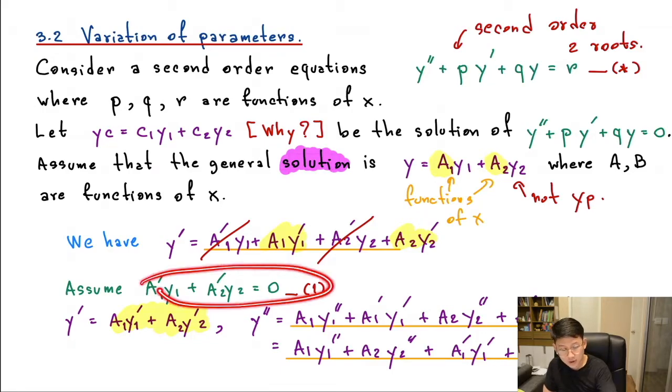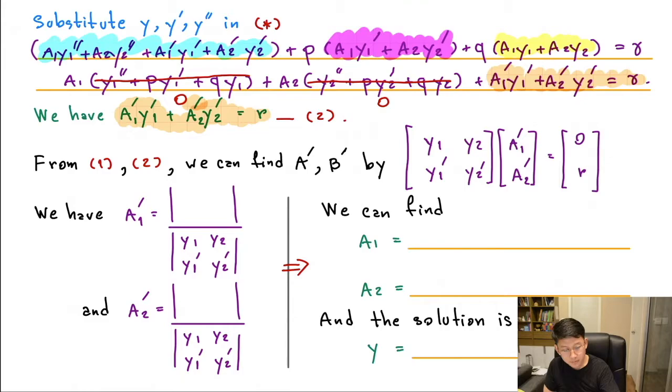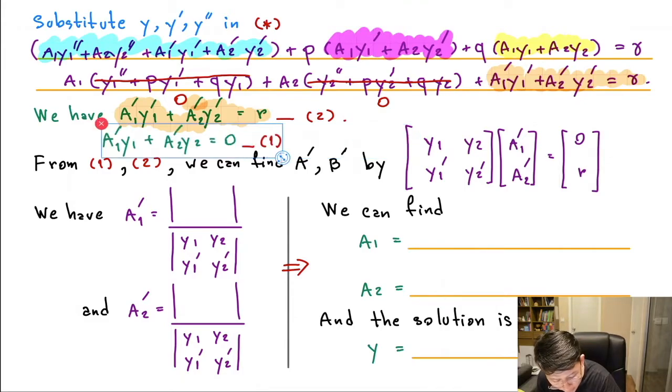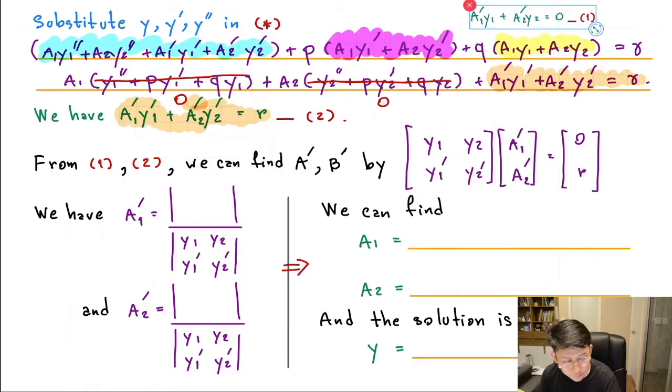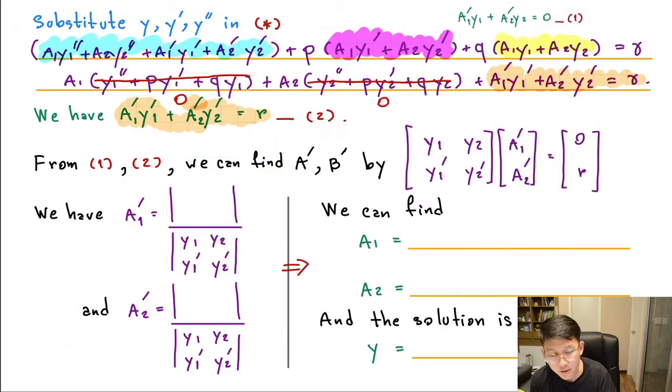I'm just going to copy it to the next page, maybe make it a little smaller, so that you can observe easily. As you can see, we have two equations, and they correspond to this matrix. Why?